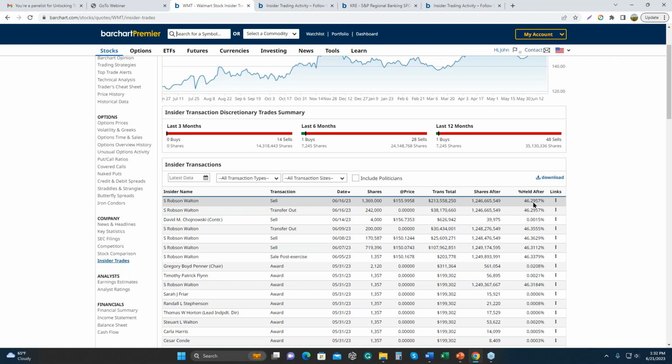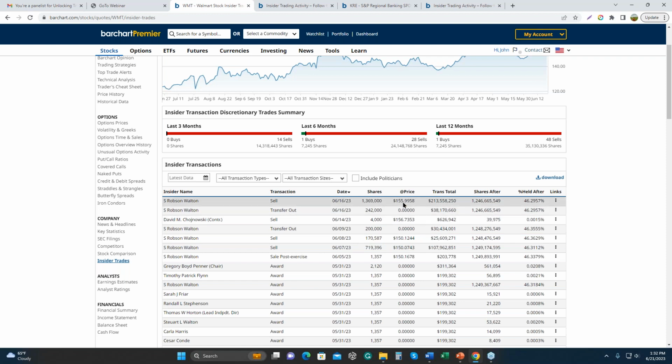Now, what we could do is look at what is happening to the price of the stock as Mr. Walton is selling. On the first or second wave of selling orders, we could say, oh, that would be maybe a potential influence on price. But you can see that he sold around 150, and then again at 156 and 155.